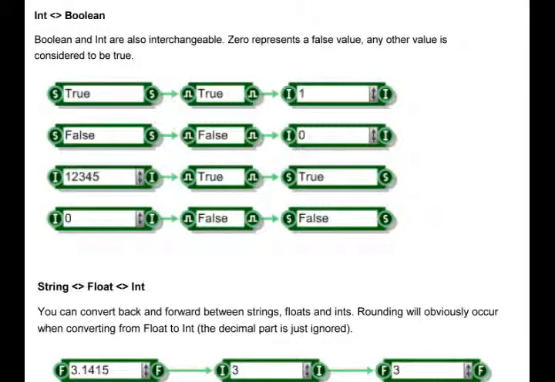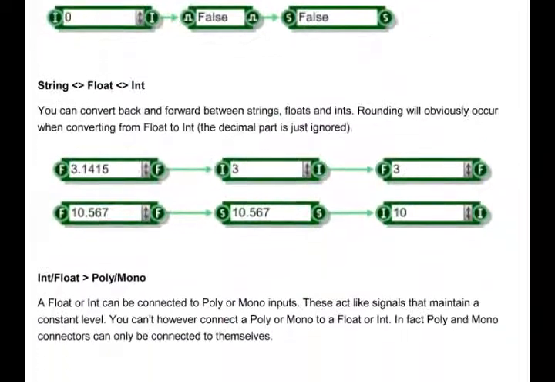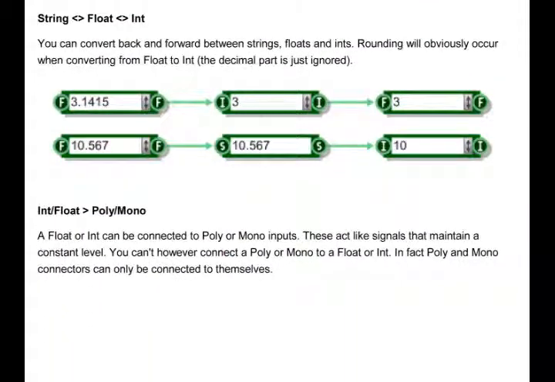Boolean and INT are also interchangeable. 0 represents a false value, any other value is considered to be true. String, Float, INT. You can convert back and forth between strings, floats and INTs. Rounding will obviously occur when converting from float to int. The decimal part is just ignored.